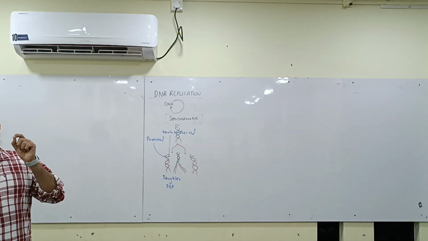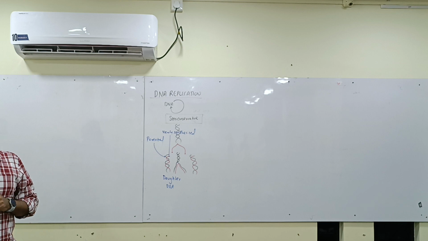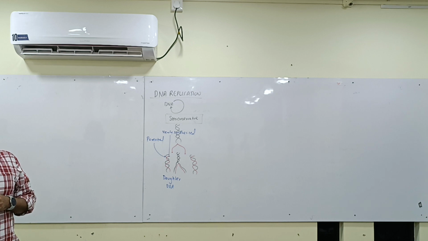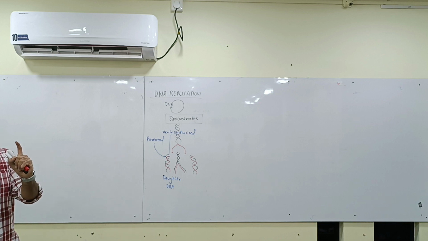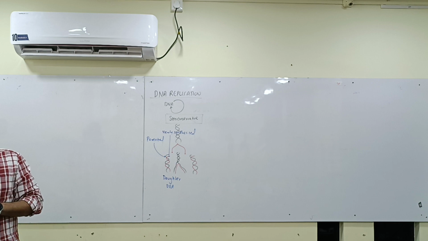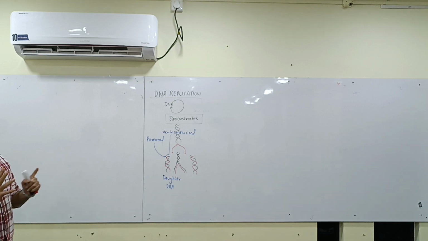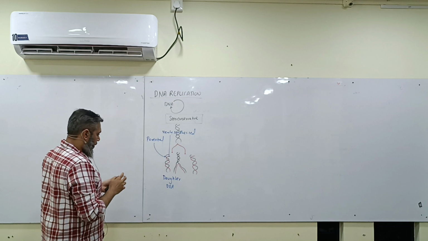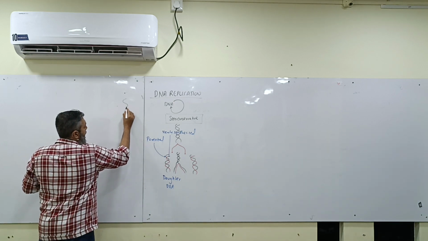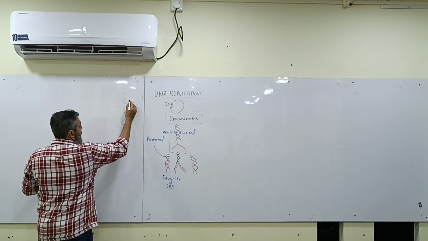That the old parental strand is going to be used as a क्या word use किया था हमने अभी template. You understood my point? It is going to be used as a template का हिंदी मीनिंग होता है ढांचा. एक ऐसा आकार जिसके ऊपर आप बाकी सारी चीज अभी क्या करने वाले हो बिल्ड करने वाले. So this model is called semi-conservative method of DNA replication. A eukaryotic DNA, bachcho is very long, as you have seen today.